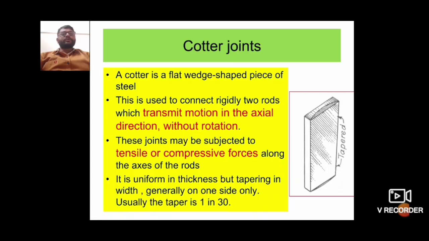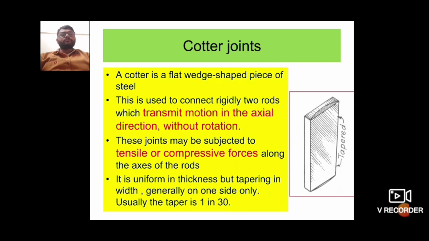This is used to connect rigidly two rods which transmit motion in the axial direction without rotation. So, these joints may be subjected to either tensile or compressive forces along the axis of the rods.